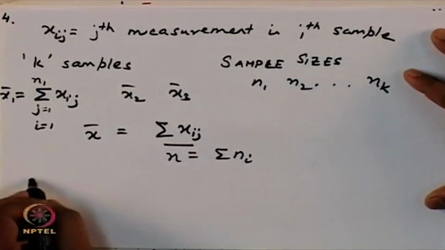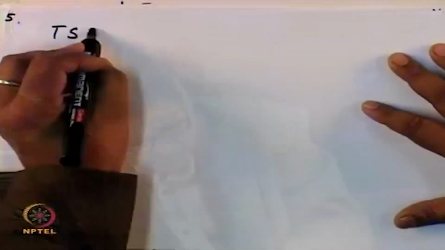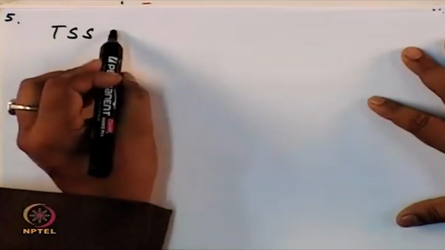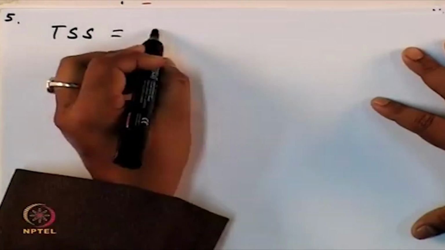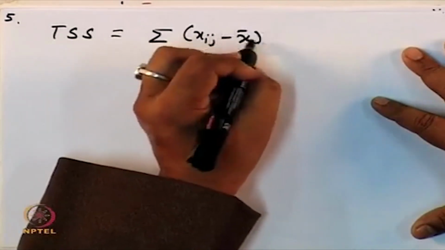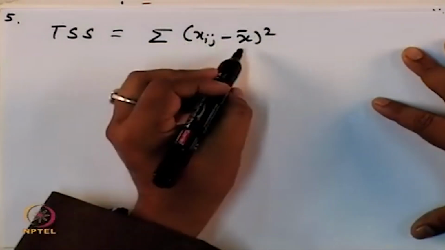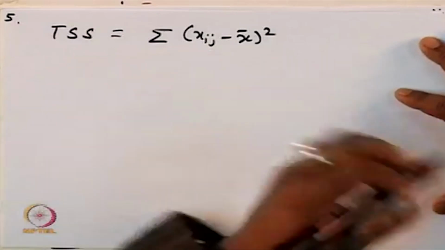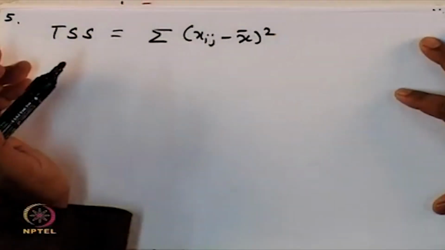So, you calculate a few metrics, let me write it in the next page. You calculate something called TSS or total sum of squares, and you define this as Xij minus x bar whole square. So, x bar is the average of all the samples together.